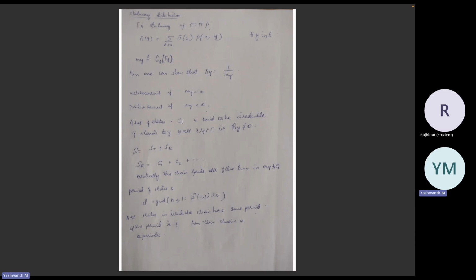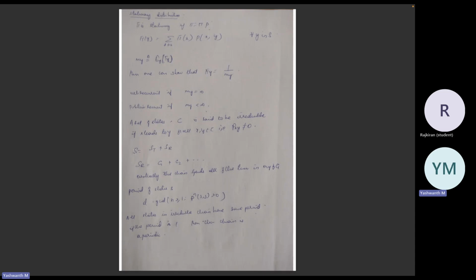So eventually, if you start at any state in that C, you end up visiting some other state in C. That kind of set of states, you call irreducible.